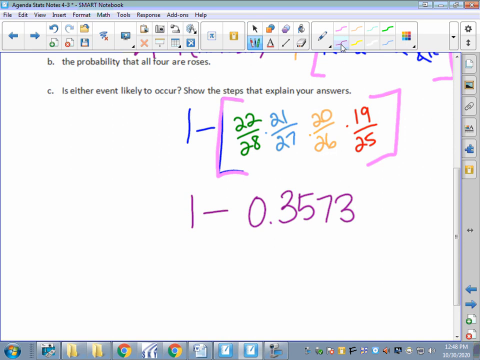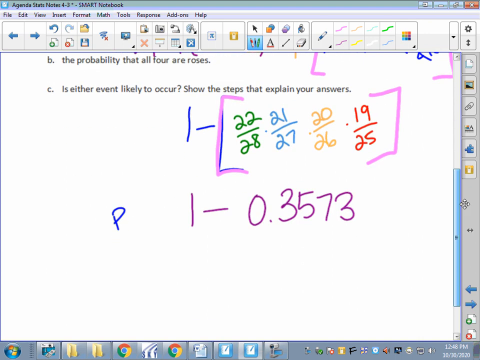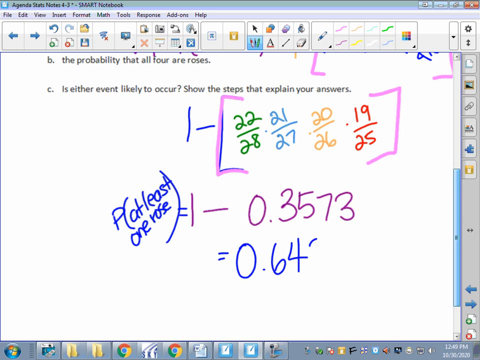So the probability of at least one rose is going to be equal to 1 minus that probability of no roses. So I believe that's going to end up to, if my math is right, 0.6427.